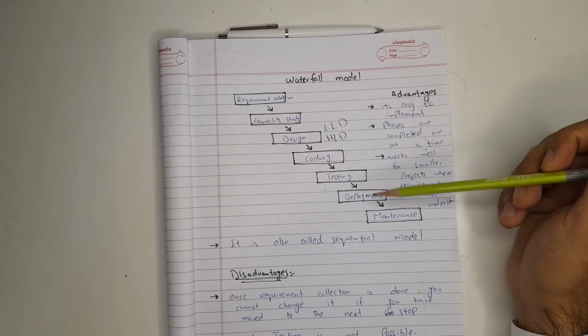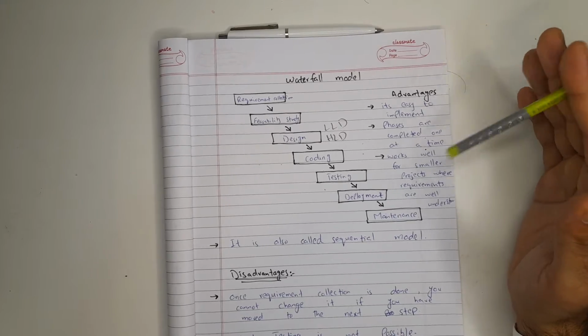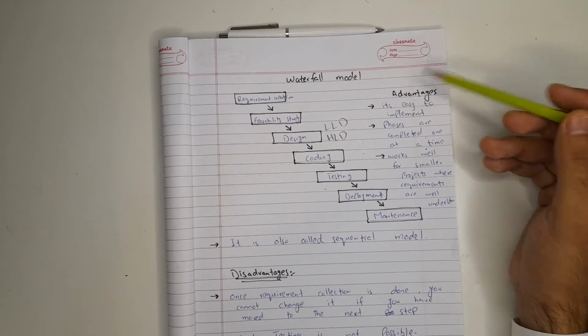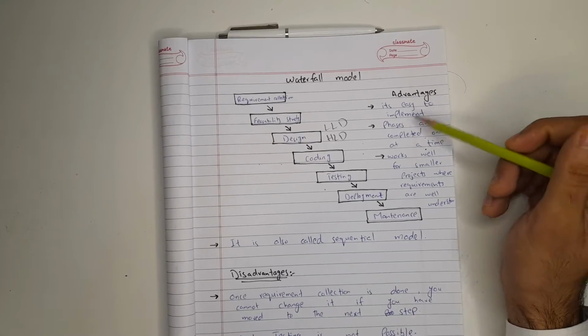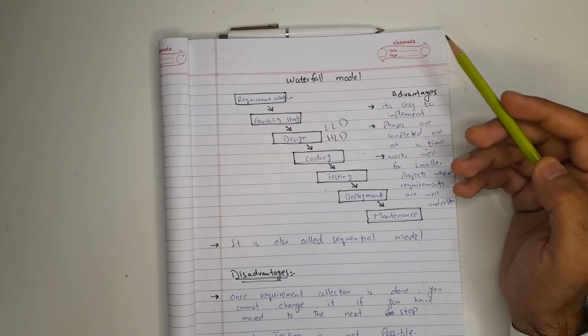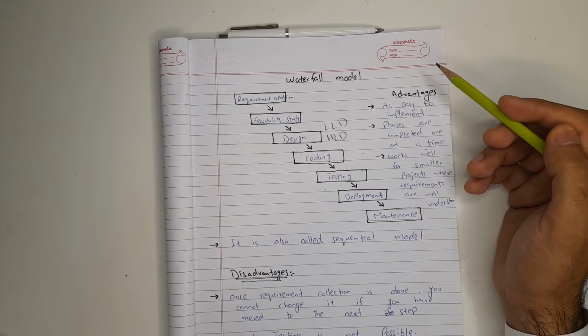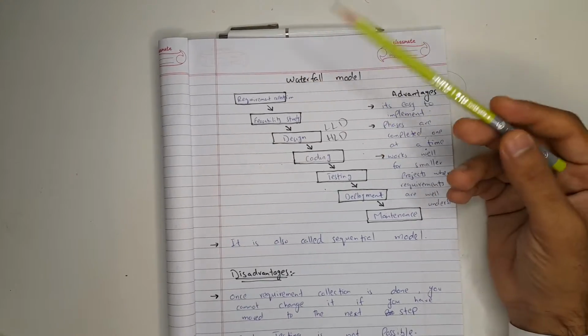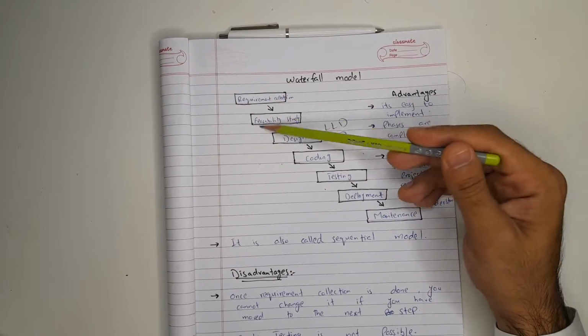So the waterfall model has some advantages and disadvantages. We will learn about the advantages first. What are the advantages of the waterfall model? It is very easy to implement, it's not very complex. It's the most basic model of the software development life cycle. You do one step first, and then you move on to the second.